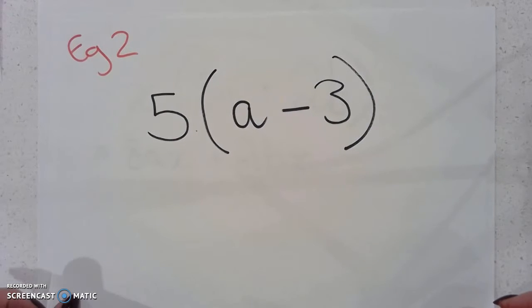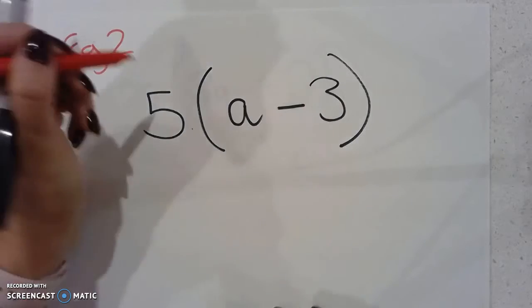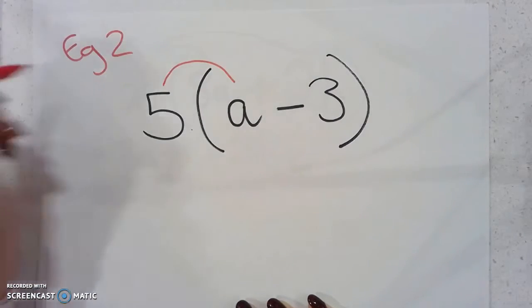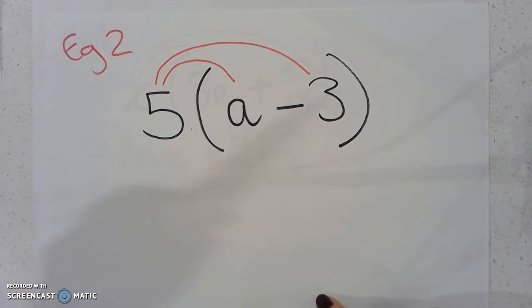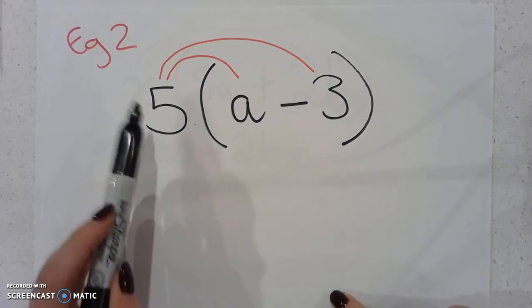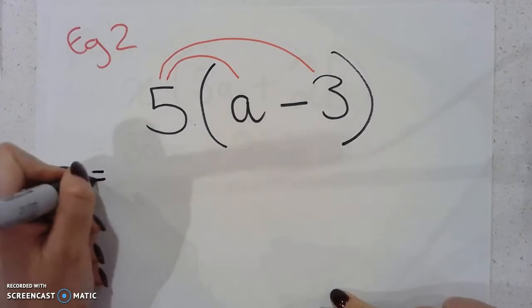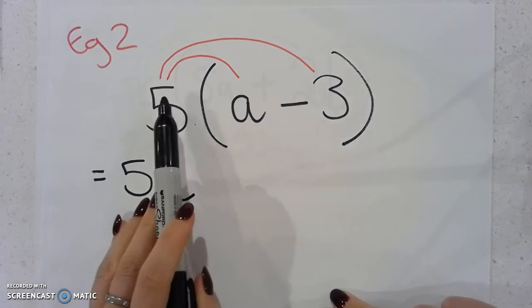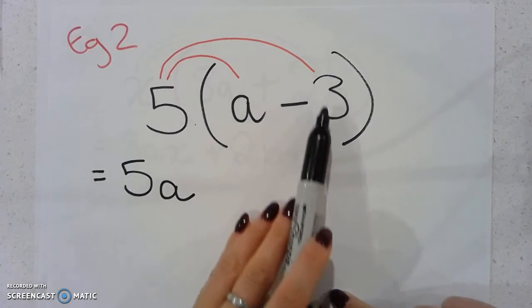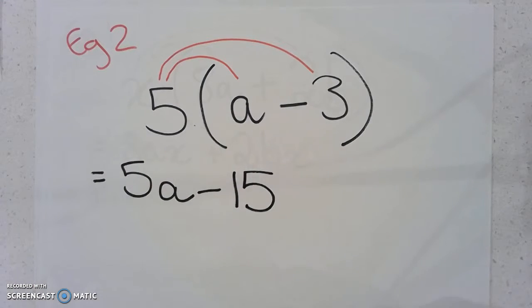Example number 2, we've got, again with the arches, 5 multiplied by a, 5 multiplied by -3. And I really want you to make sure that that's how you say it to yourself. It's a positive 5 multiplied by a positive a, lining up the equals on the left, 5a, and then positive 5 multiplied by -3, it's going to be -15.